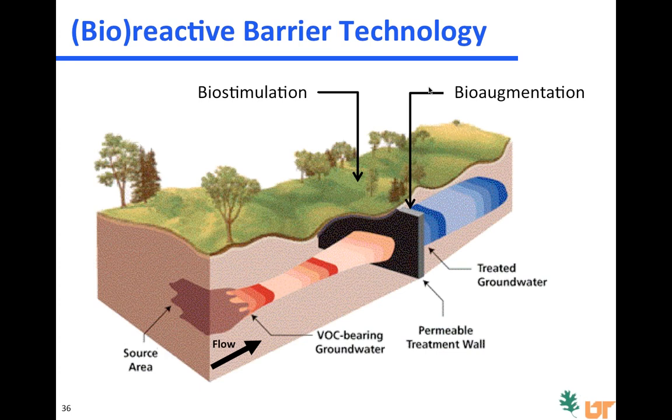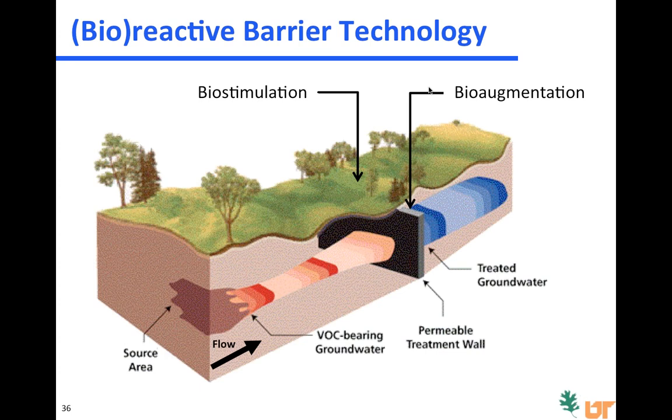Here, bioreactive barrier technology. This just gives you an example how biostimulation and bioaugmentation can work. You see a cartoon of a plume. In red, this is the contaminant plume. You can intersect this plume and add stimulants that make native, naturally occurring microbes in this environment more active, organisms that degrade the chlorinated compound of interest, and you generate an active zone.